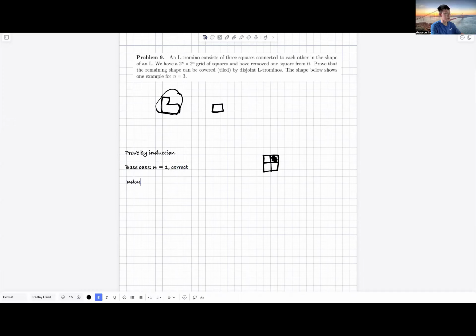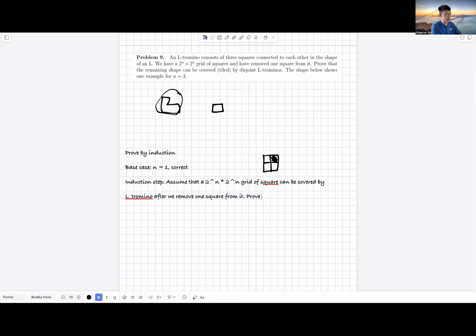And then the induction step, we have to assume that a 2 to the power of n times 2 to the power of n grid of squares can be covered by L-trominoes after we remove 1 square from it.